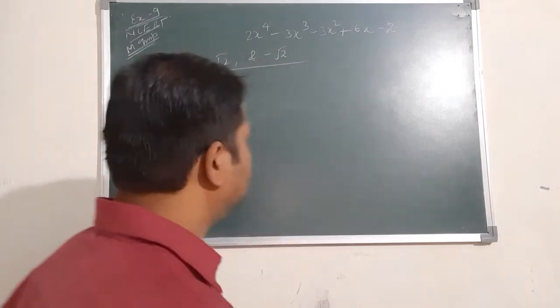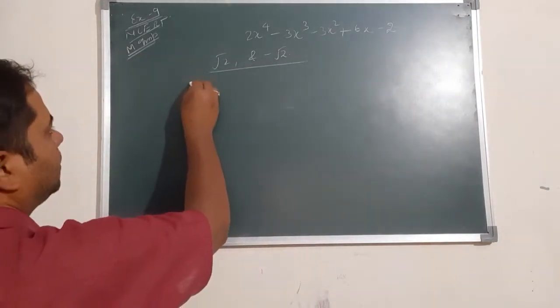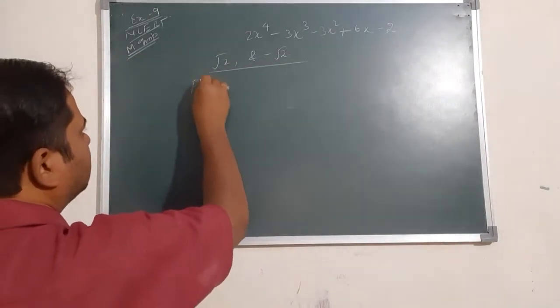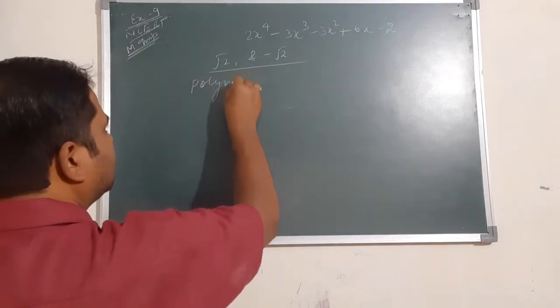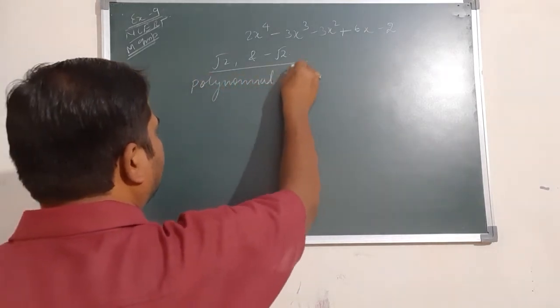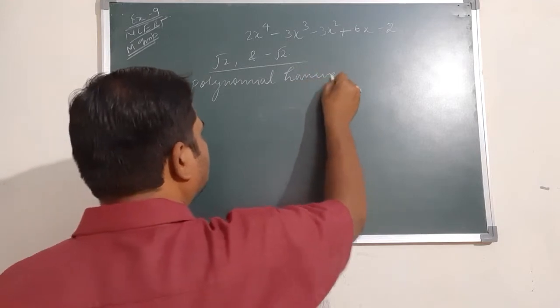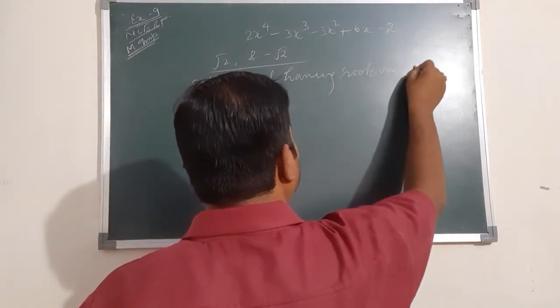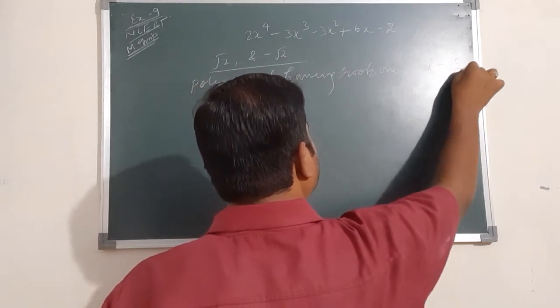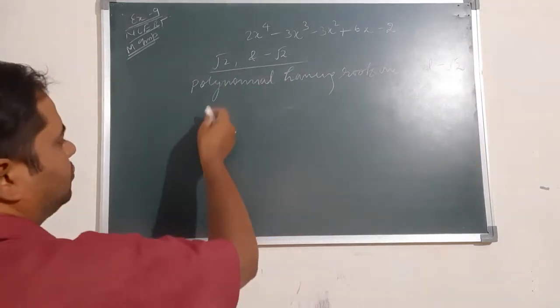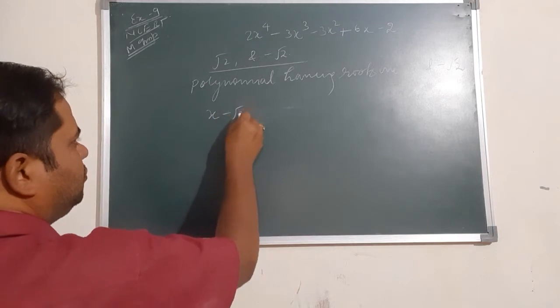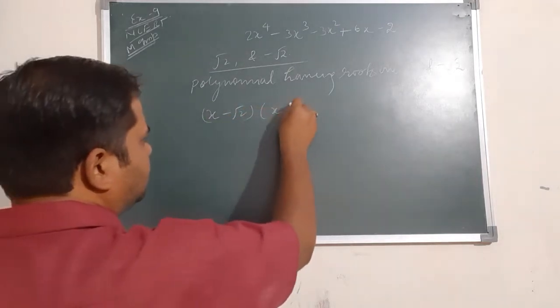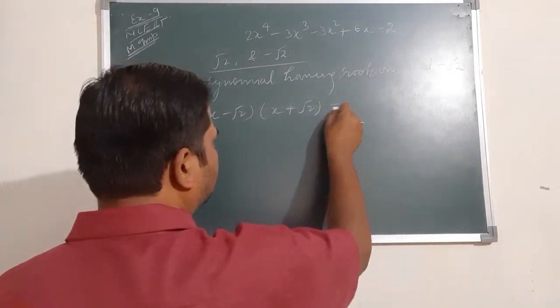So let us begin. Given a polynomial having roots root 2 and minus root 2. Okay, so x minus root 2 and x plus root 2, you know how to make it.